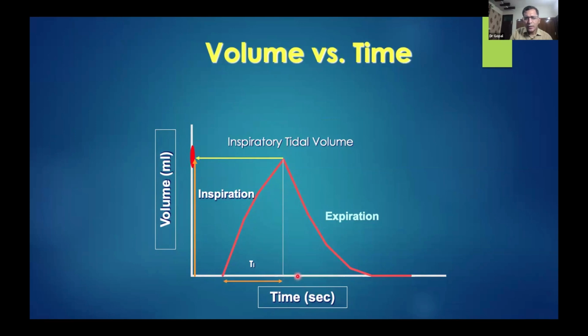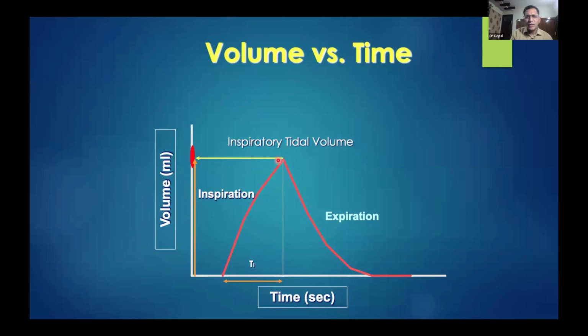From this point to the end of the cycle is the expiratory time. So this part is inspiration, and this whole part is expiration. I time and E time: this whole part is E time, not this. And the volume delivered at the peak is the tidal volume. Here we can see the tidal volume delivered, and here we see the time.